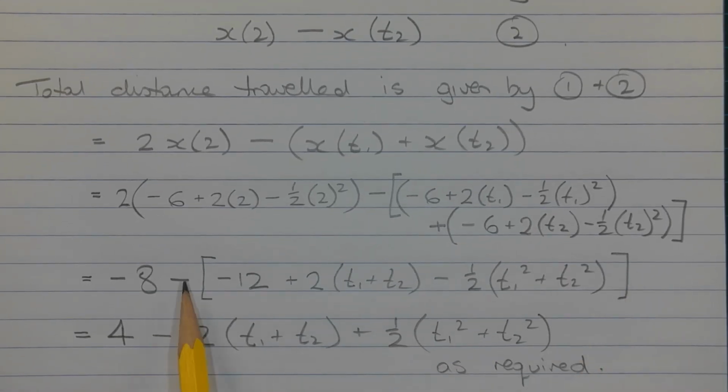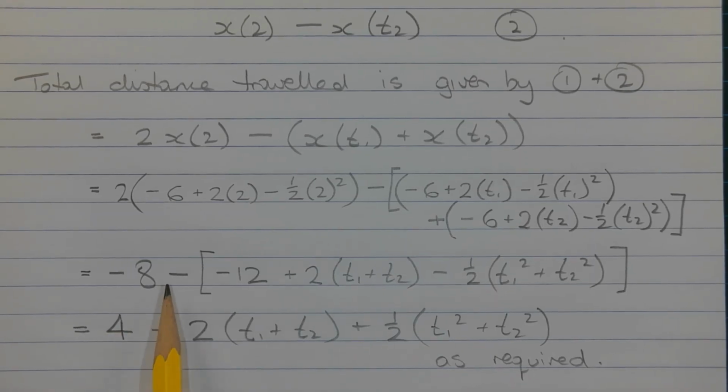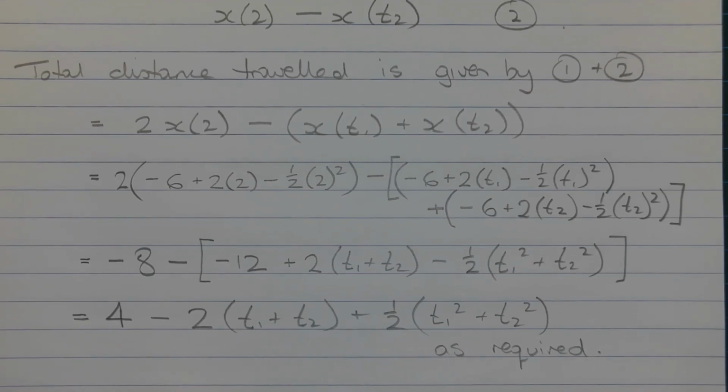Now expanding the square brackets, we have negative 8 minus negative 12, so negative 8 plus 12, we get positive 4. Now we have a minus here and a plus here, so we get minus 2 times t1 plus t2 in brackets. Now we have a minus here and a minus here, so we get plus half times t1 squared plus t2 squared in brackets, as required.